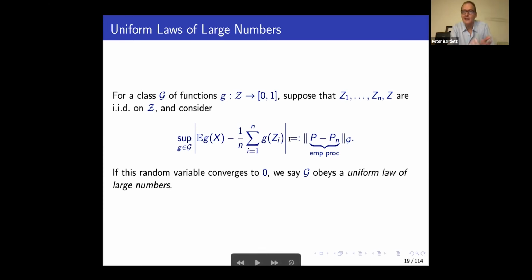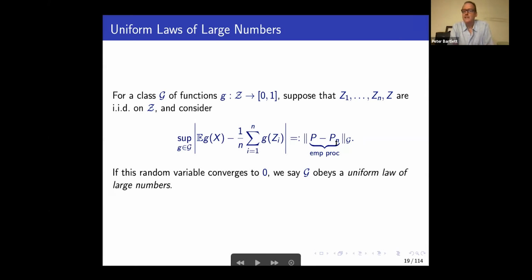The notion of scale in particular is what's the largest absolute value of that random variable when we look across the full class G. Okay, so that's the notation we're going to use, and this is the quantity that we're interested in.